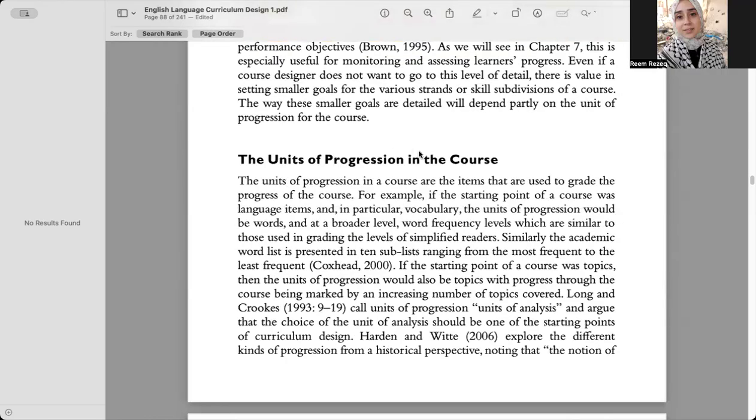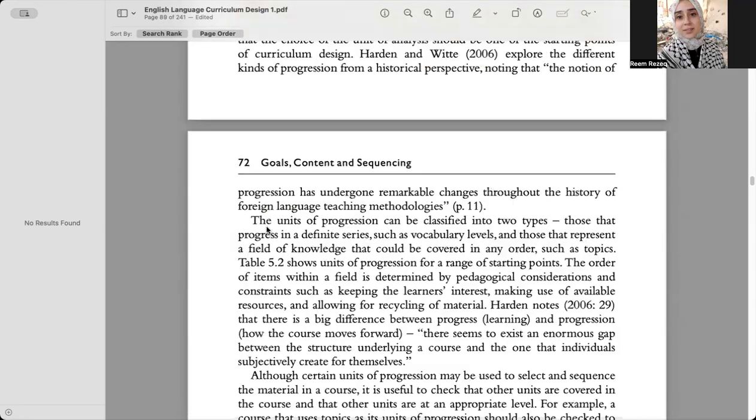But the unit of progression in the course. There has to be a unit of progression, meaning continuity throughout the curriculum, that is used to grade the progress of the course. The unit of progression can be classified into two parts. Here, such as vocabulary level, it should be covered in any order.